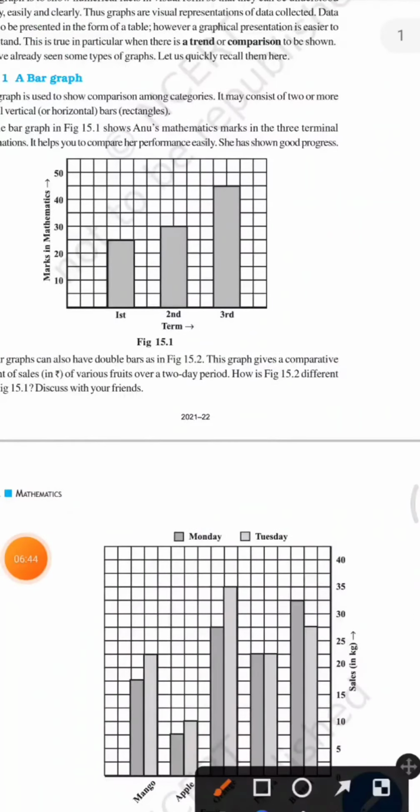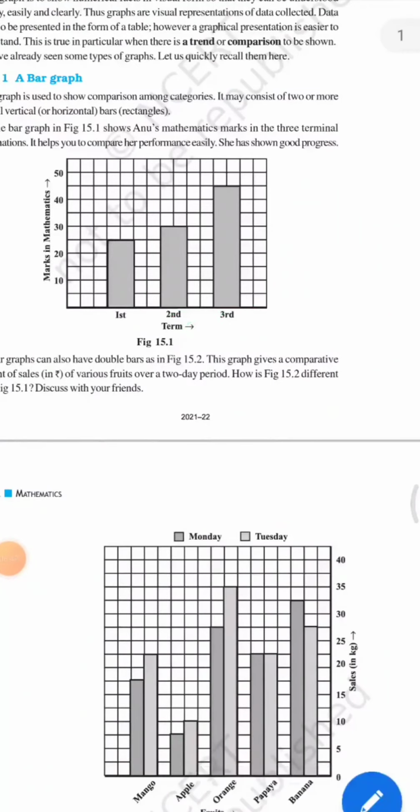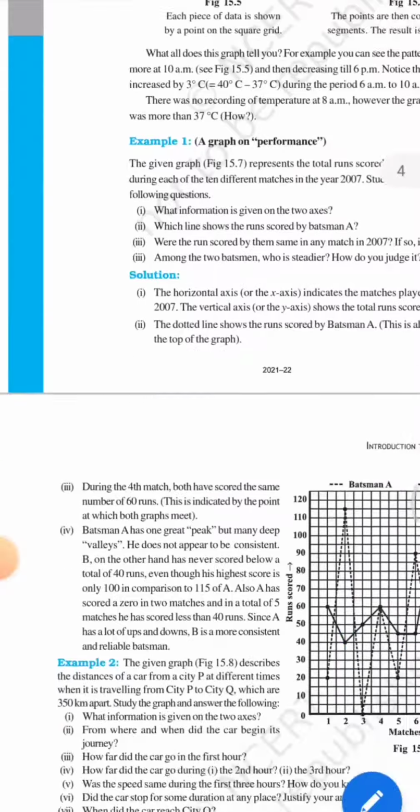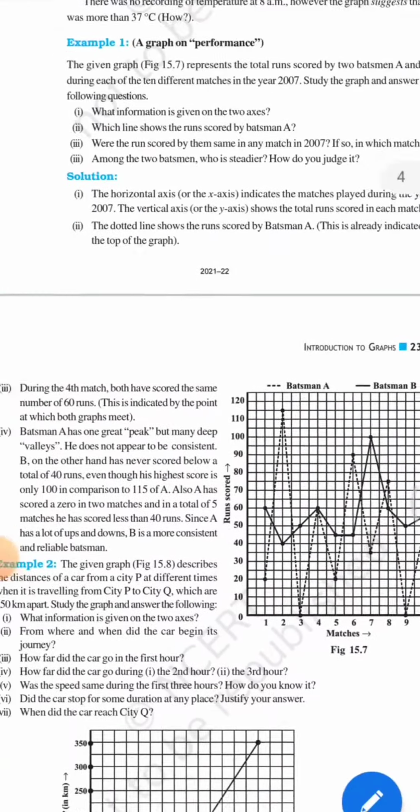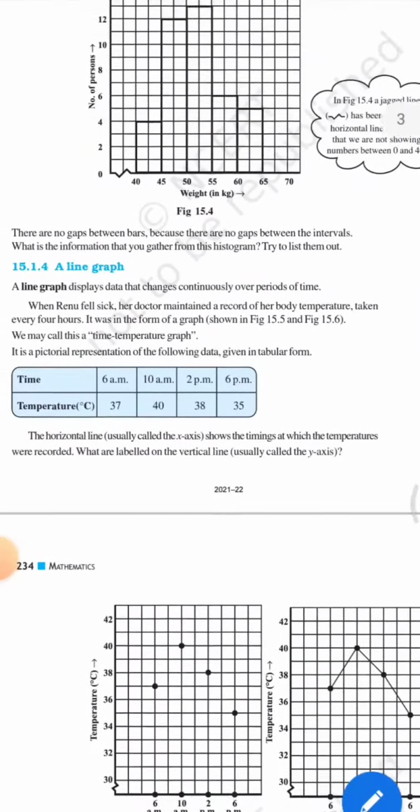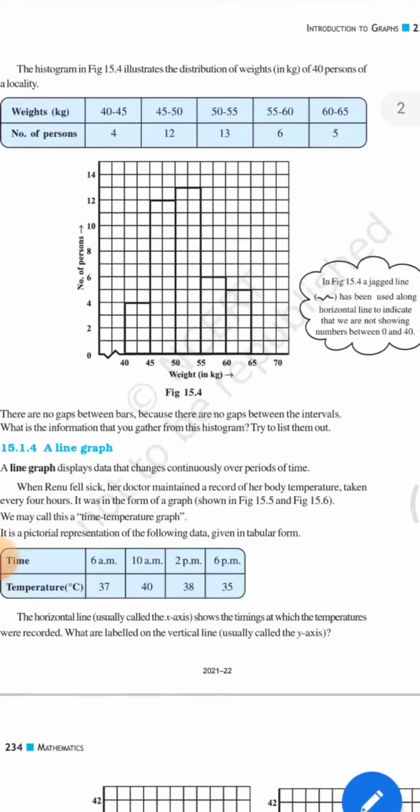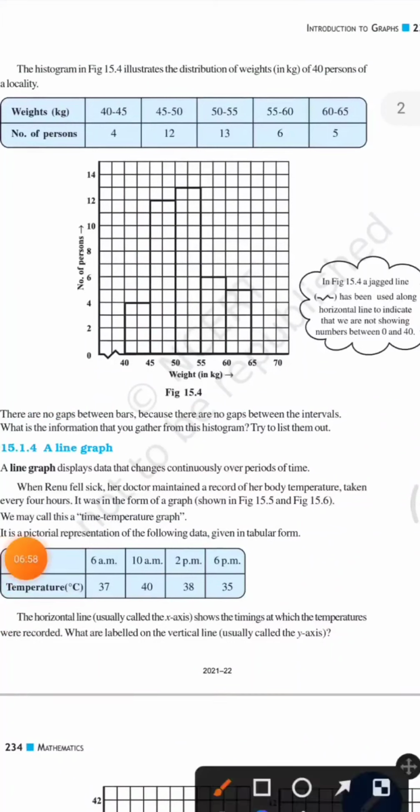But in a histogram, you have a different thing: it does not have any kind of gap between the bars.